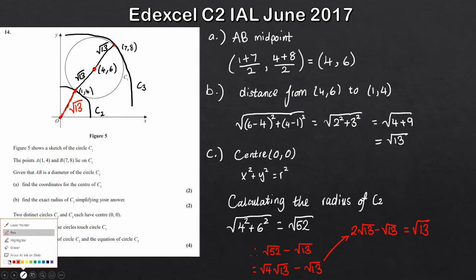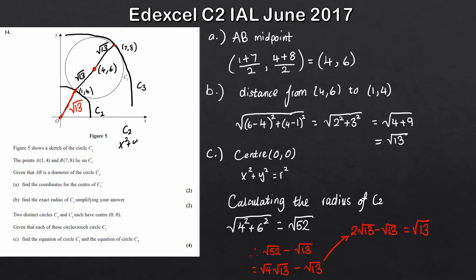So if we do it in a black pen, for C2 then, the equation would simply be x squared plus y squared is equal to the radius squared. So my radius is root 13. It's going to be equal to root 13 squared. In that case, we get x squared plus y squared is equal to 13. So that's C2 there. And then finally for C3, same idea again.